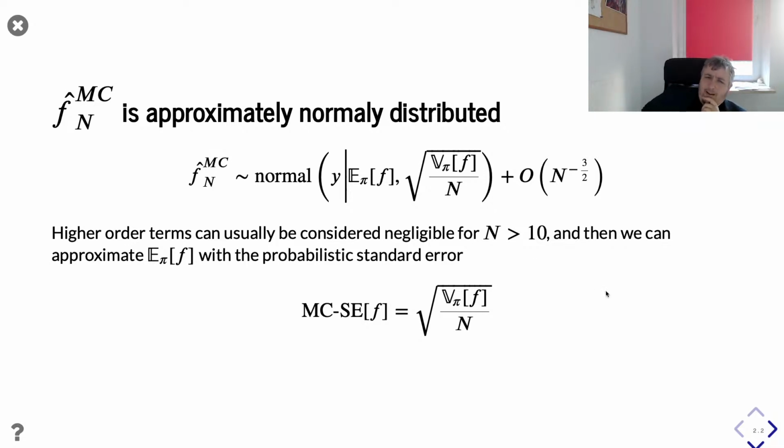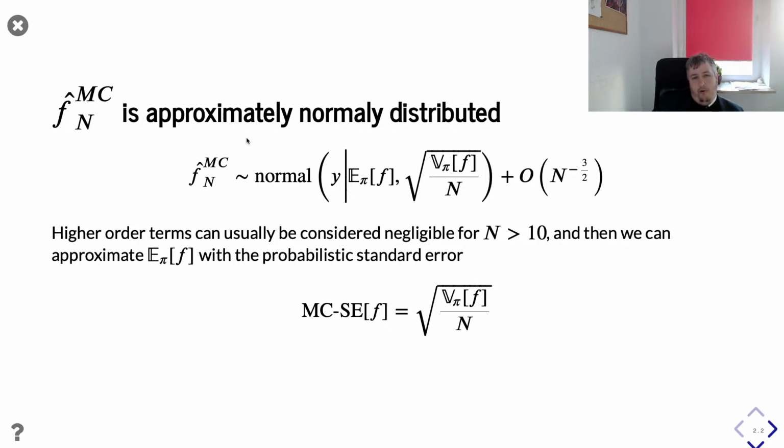As long as n is sufficiently big, even n greater than 10 is usually a solid number, we can approximate our expectation using our estimator with a probabilistic standard error given by the variance of our function divided by n.